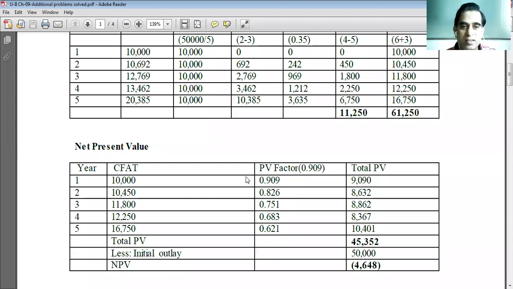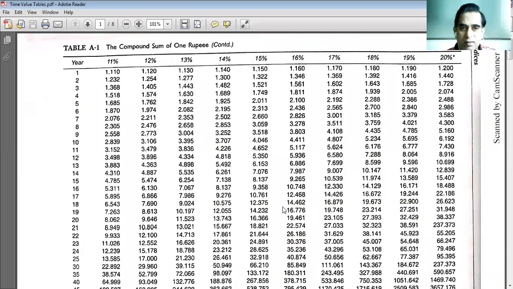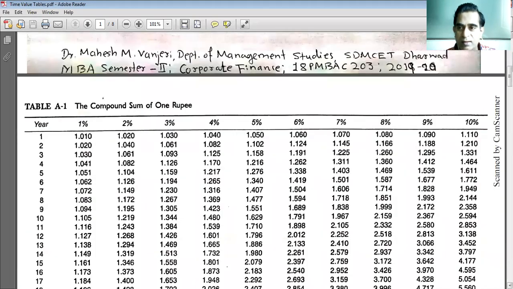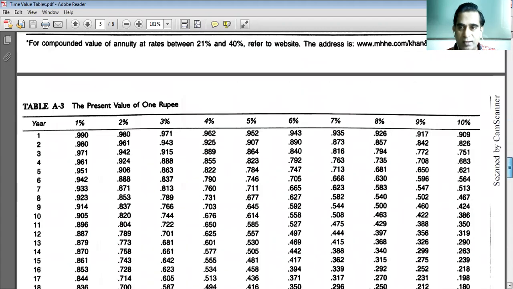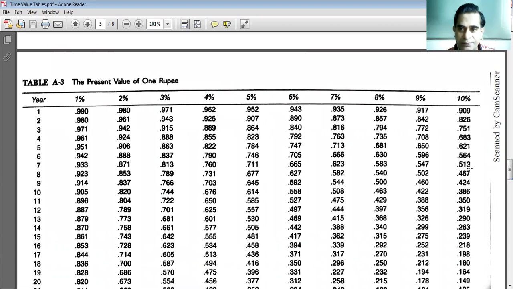These are the time value tables: table A1, table A2, table A3. The table A3 gives the present value of 1 rupee.